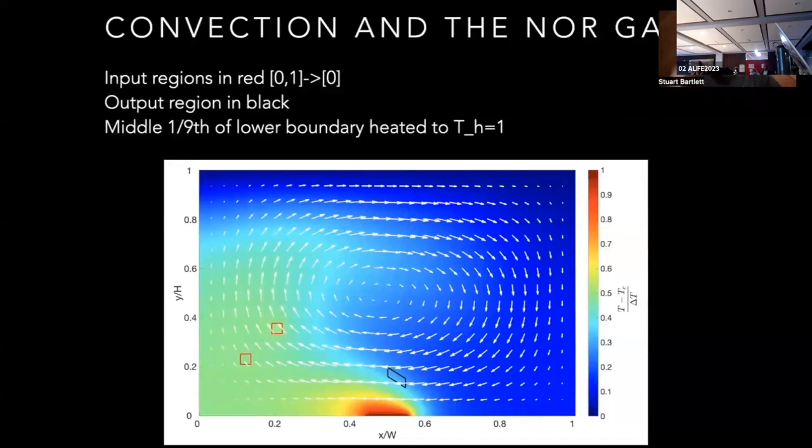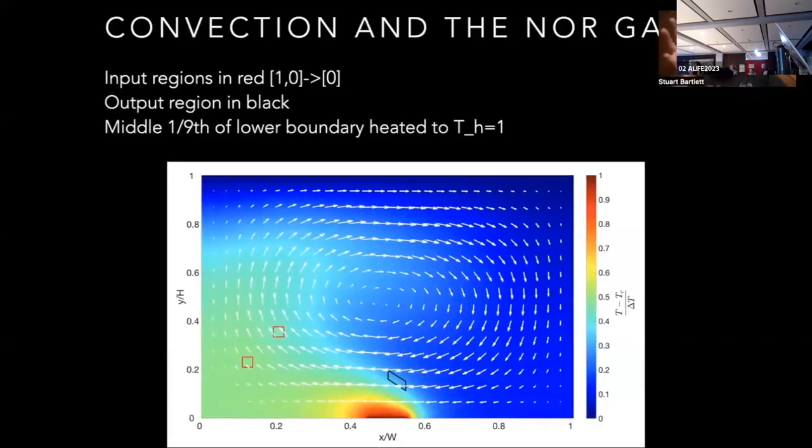And of course, what that does is it diverts the primary convection plume over to the left and flips the system into this single convection cell state. And what that means is that the temperature of the black output region there is relatively low. It's gone down to something like 0.2 or so.